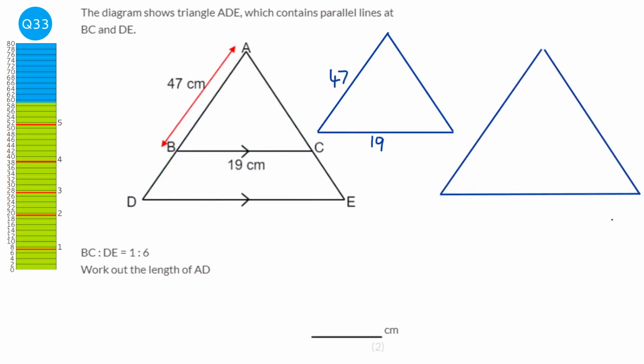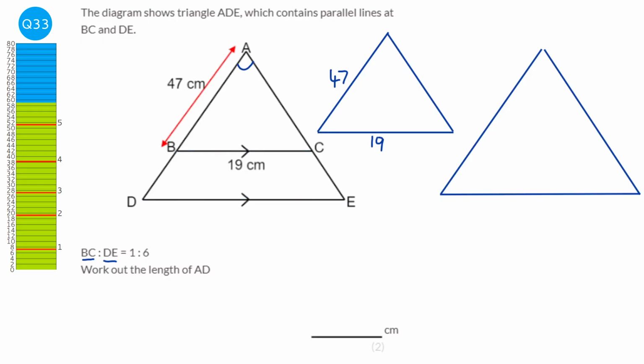Now we know that both of these triangles are similar, and the reason is they share an angle and the lengths at the bottom are parallel, so they will be similar, which means one's an enlargement of the other. And we are given some information in the question that the ratio of BC to DE is 1 to 6. So BC is this length here, and DE is this length here.